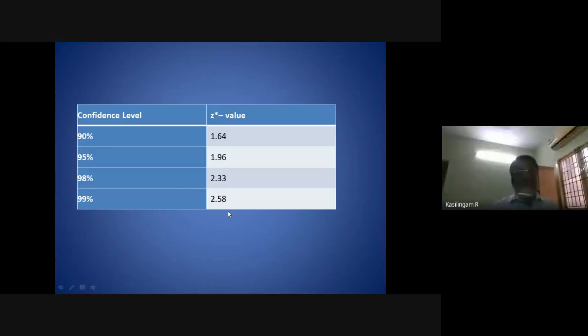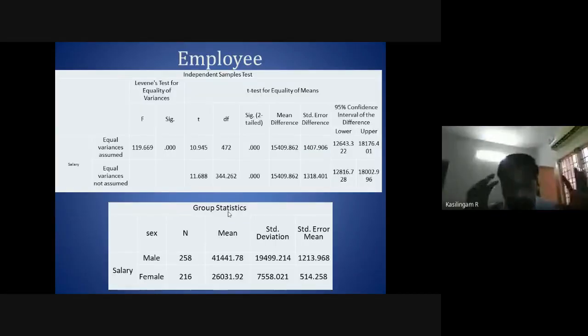Now, if my significance value is 0.05, my t value will be 1.96. When my t value is more than 1.96, my significance value will be less than 0.05. So normally, what we have seen so far is the significance value.